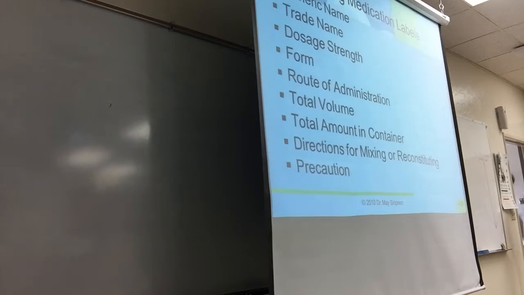Sometimes in the ER, especially when we send patients home with like Amoxil or Cipro PO, they come in a powder form, and then we as nurses have to mix it up before we give it to the patient. So there'll be specific directions for mixing or reconstitution, and make sure you look at that, because the powder has its own volume, and then we add a certain amount of volume, and we want a consistent medication concentration at the end so we can predict the dose we're giving our patient.